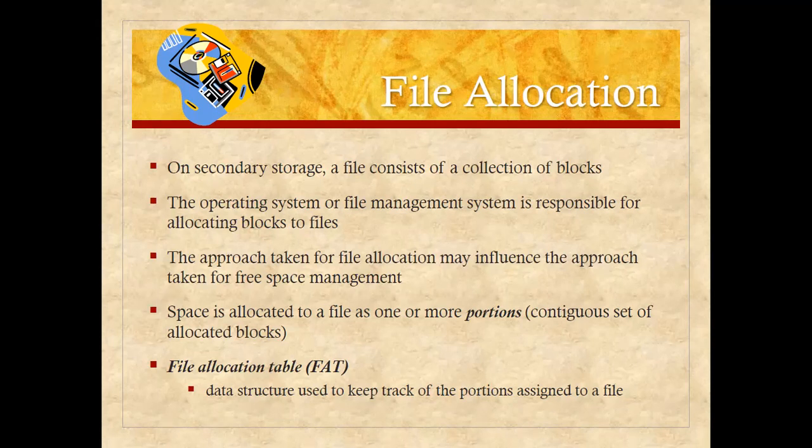The operating system or file management system is responsible for allocating blocks to files. The approach taken for file allocation may influence the approach taken for free space management. Space is allocated to a file as one or more portions, contiguous sets of allocated blocks. Now, what is the file allocation table? That is FAT. Data structures used to keep track of the portions assigned to a file.